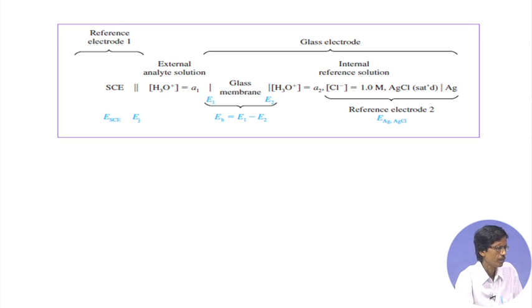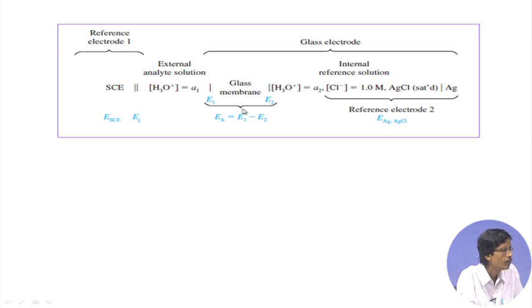If we have a typical glass electrode, as I told you just now, you have a corresponding design of this glass electrode. This particular curly bracket from this point to that point, we consider as a glass electrode. What is that? It is a very simple one, where we put something as a glass membrane.